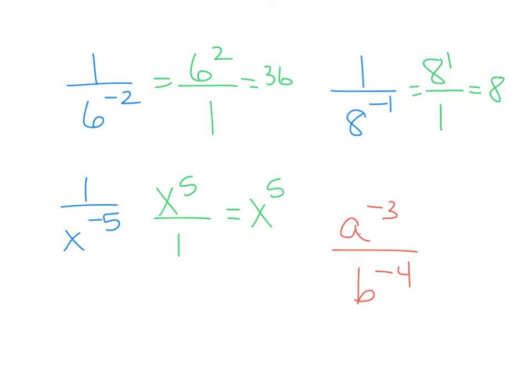A to the negative third over b to the negative fourth. Because they both have negative exponents, we're literally going to flip both of them. So a to the third goes to the bottom, and b to the fourth goes to the top. If I could simplify, I would, but a's and b's aren't the same, so that's done.